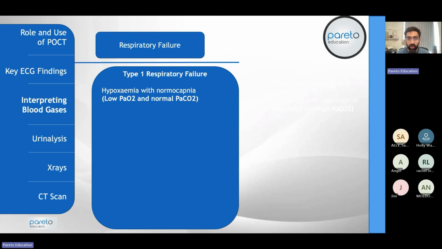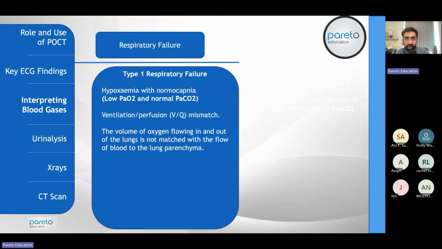Normally, this is as a result of a ventilation-perfusion mismatch. In other words, the volume of oxygen that's flowing in is not necessarily matched with the flow of blood to the lung parenchyma. Practically speaking, this could be as a result of a reduction in the blood flow to the lungs.